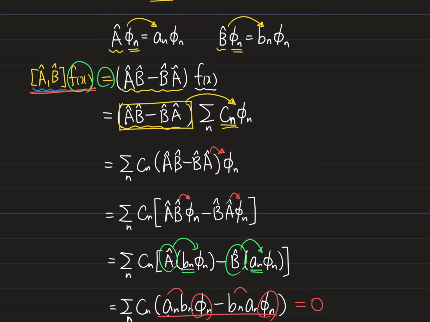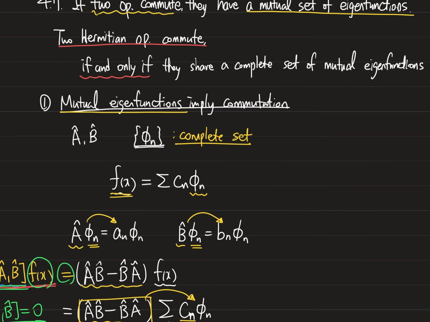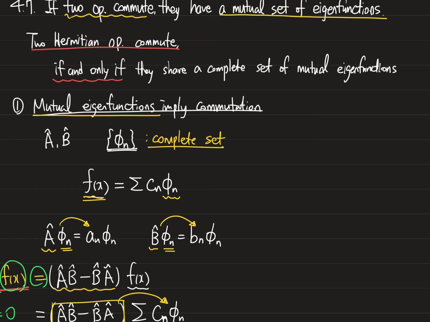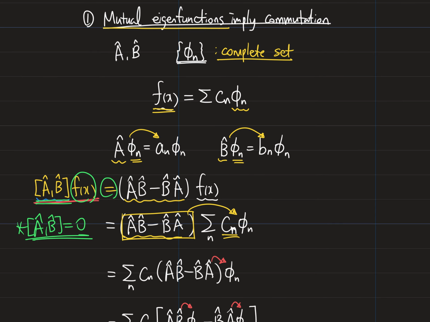That means the commutator should be 0. Right? So that is the proof for the first way. If two operators share the mutual eigenfunctions, they should be commutative. So we proved that.